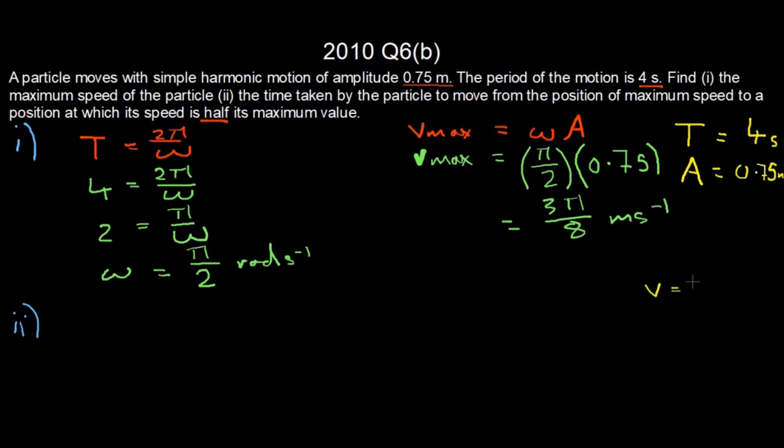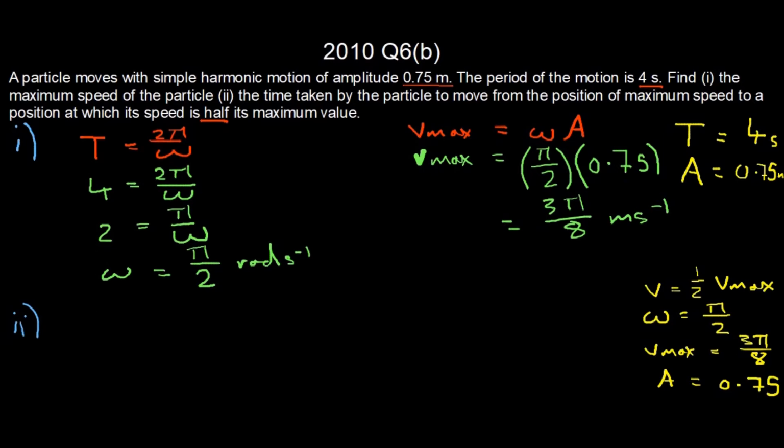So V is equal to half of Vmax at this point. Now we know omega is equal to pi over 2 radians per second. We know Vmax is 3 pi over 8 meters per second. And we know that the amplitude is equal to 0.75.